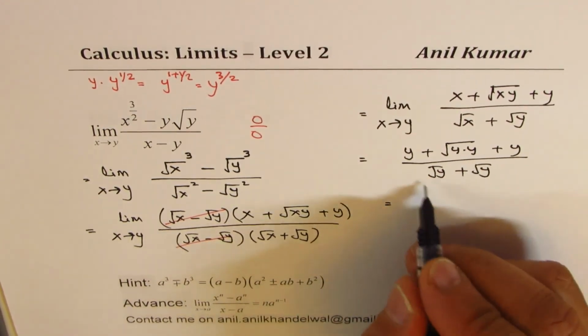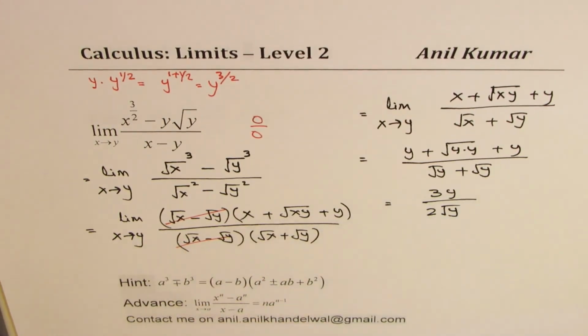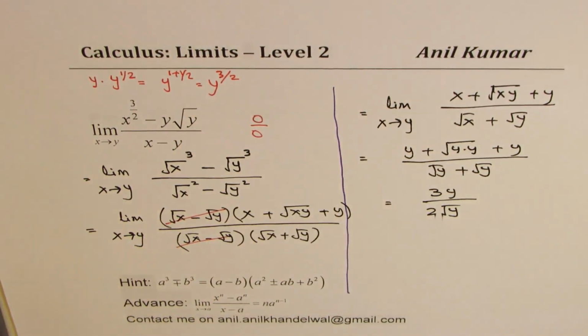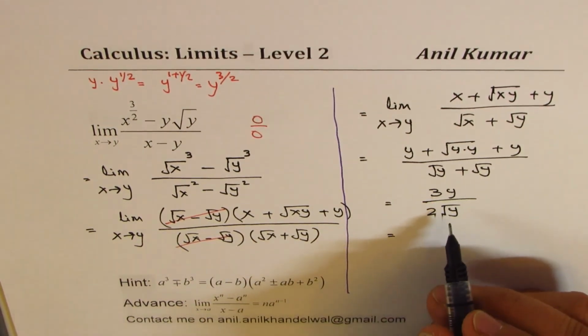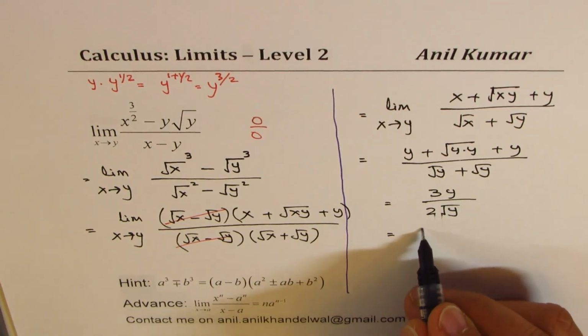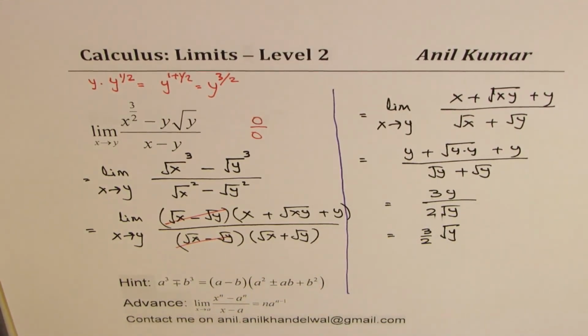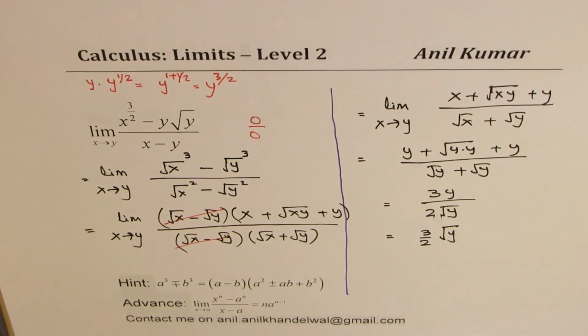So we have 3y in the numerator and 2 square root y in the denominator, correct? So that gives you the idea that it is 3 over 2 square root y, or 3 square root y over 2. Does it make sense to you? So that becomes the limit of the given question in this particular case.